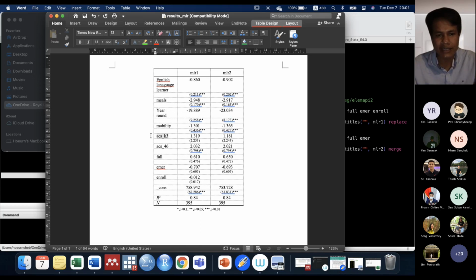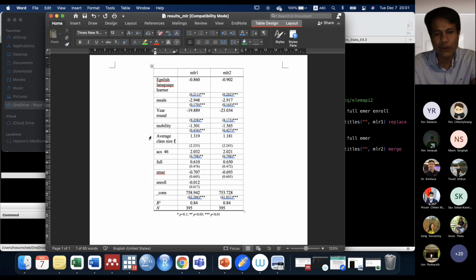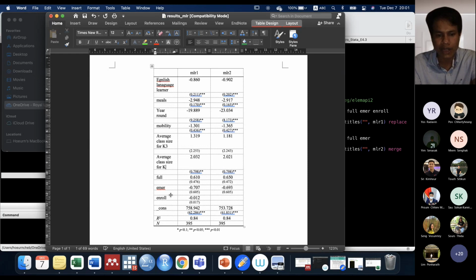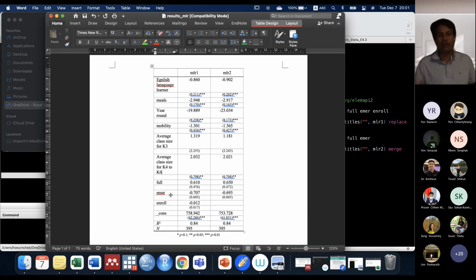This is mobility. This is average class size. Average class size for K3. This is average class size for K4 to 6. Average class size for K4 to K6. All right. So you have to rename the variables yourself.